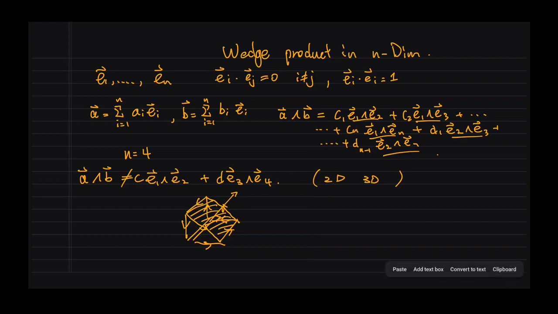So this is no problem at all, because in 2D you can only have one oriented surface patch. But in 3D you can have three, and no matter how you do that, you always find that they overlap.